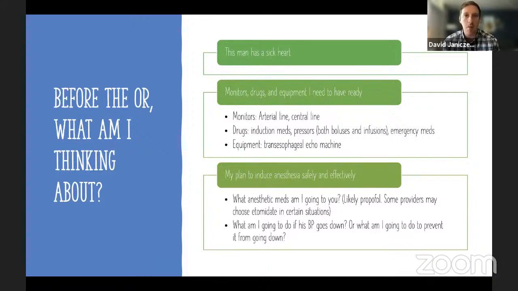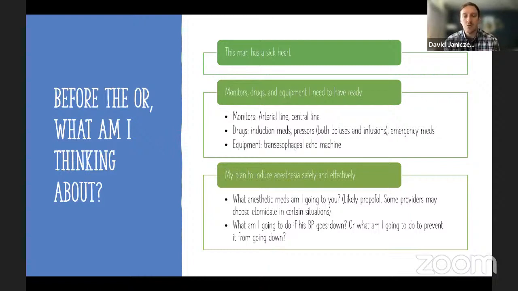The first thing that comes to my mind is this guy's sick. His heart's not really working that well. He's got aortic stenosis, and so we need to get the surgery done and get him fixed. The next thing I would think about is, what do I need? What equipment, drugs, monitors do I need to take care of this gentleman in an effective and safe manner? We're definitely gonna do an arterial line, which I'll touch on in a second. We'll definitely do a central line.